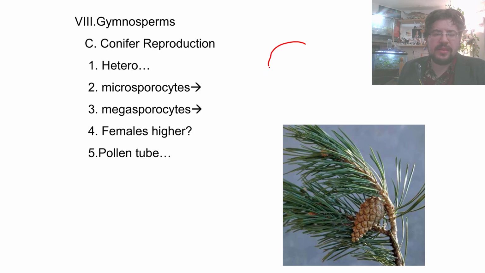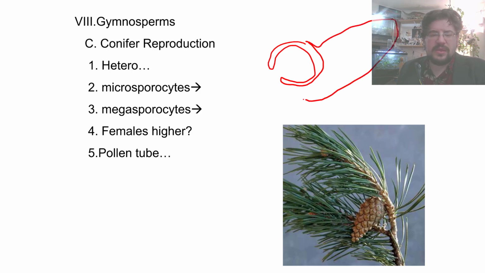So if you look at the ovule with its integument surrounding the megasporangium, and inside the megasporangium we have that megasporocyte, and that megasporocyte divided and produces the megagametophyte, and the megagametophyte produced the egg.